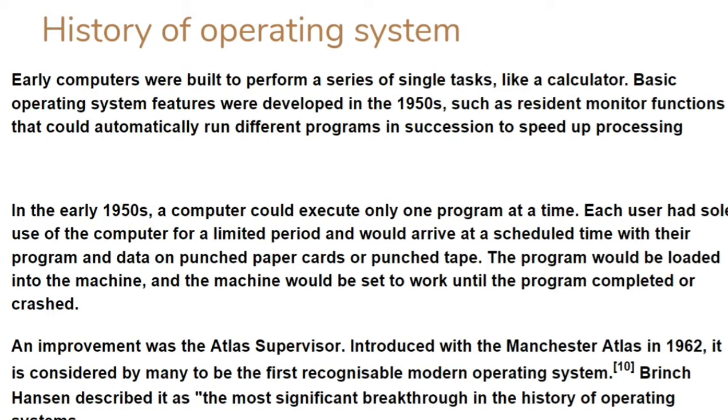So as time goes on, computers gained the ability to run more than one program. In the 1950s, a computer could only run one program at a time. After that program was completed, we would assign another program, such as on punch cards or tape, paper cards.